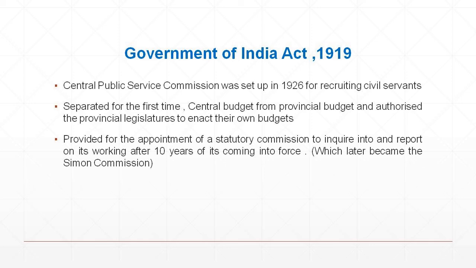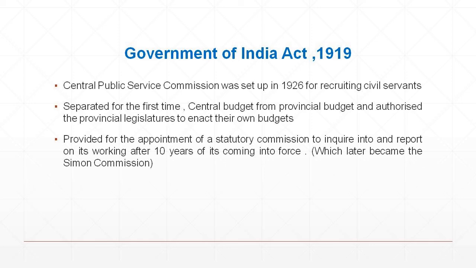Transferred subjects were administered by the legislative members, and whichever minister is responsible for a particular subject has to report to the legislative council. So the legislative council has a certain check on the decisions of the government, and they can vote out whatever they don't like. That is called being responsible to the legislative council.